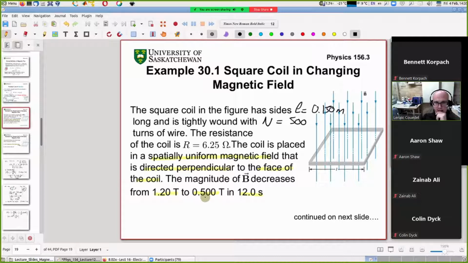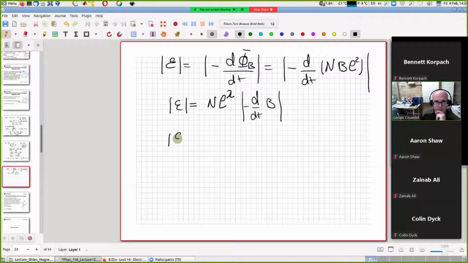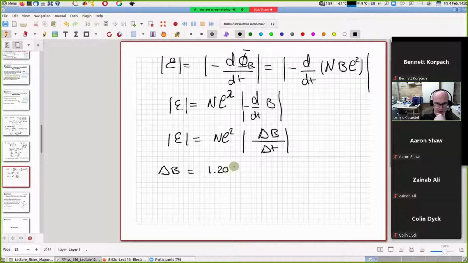How can I estimate the value of the derivative with respect to time? Your change in B over time. Exactly, delta B over delta t. So I can approximate this as N L squared times delta B over delta t, and I have everything I need. Delta B is just 1.2 Tesla minus 0.5 Tesla, so this is equal to 0.70 Tesla, and delta t is just 12 seconds.